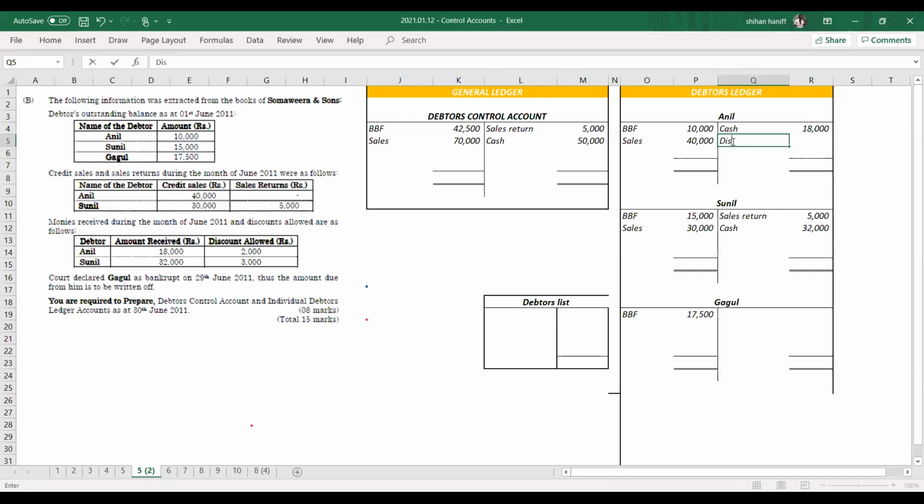Discount allowed: 2,000 for Anil, 3,000 for Sunil. Total discount allowed 5,000.